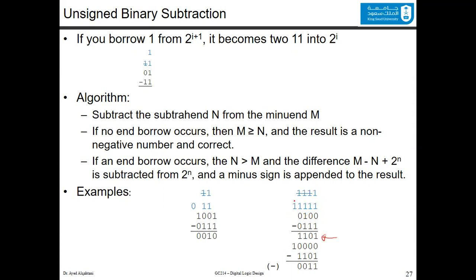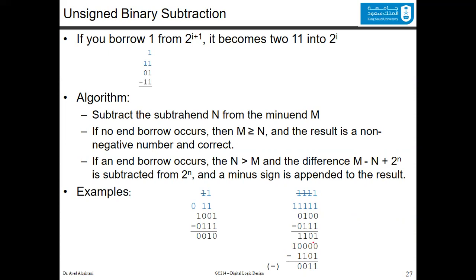This result, since you have an end borrow, is not correct. To correct this, you generated this number, which is 1 followed by zeros. This 1 followed by zeros is actually 2 to the power of n. And this number is actually taken out from this term.